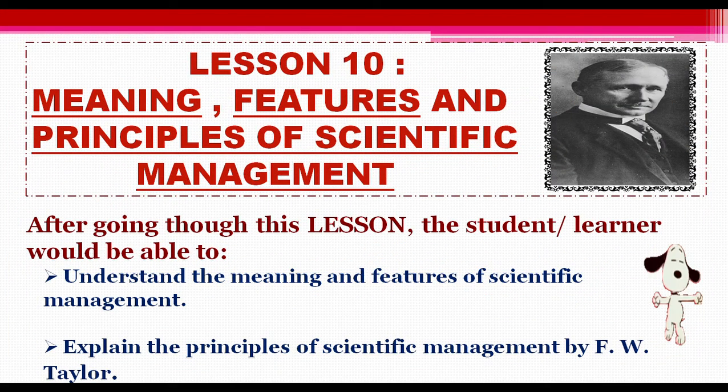Scientific management is a kind of new technique on management propounded by F.W. Taylor. He was a person who started the job as an ordinary laborer and was then posted as a chief engineer. He made the journey from laborer to chief engineer.